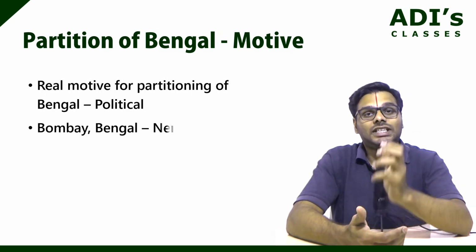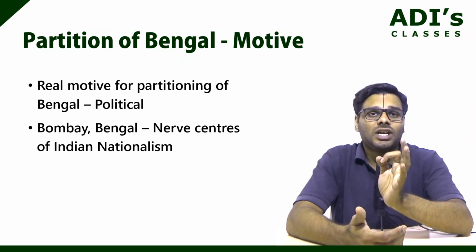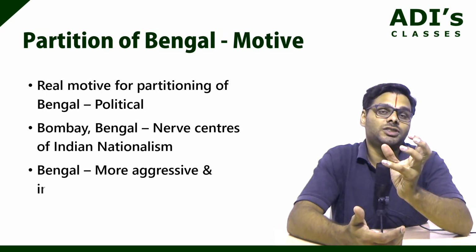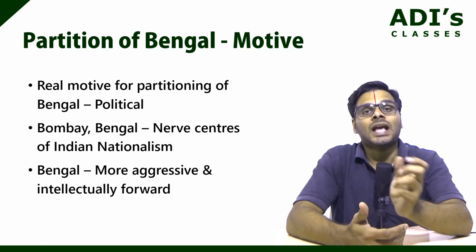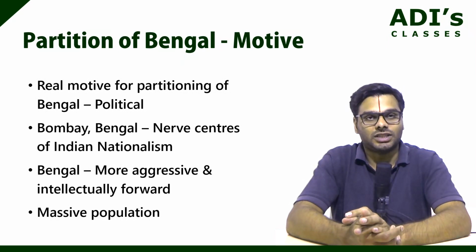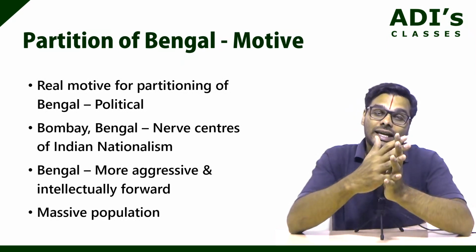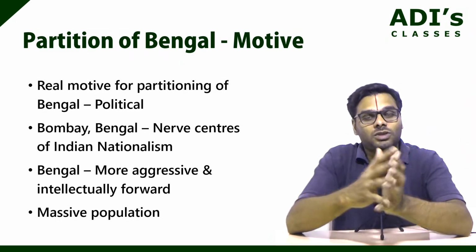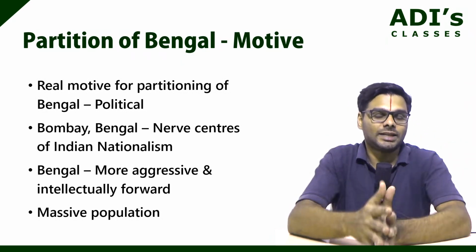Indian nationalism was gaining in strength, and the two nerve centers were Bombay and Bengal. Bengal was the most aggressive of the two and intellectually forward in addition to its massive population. Bombay means the present state of Maharashtra and Gujarat were earlier known as Bombay, the princely state, right?